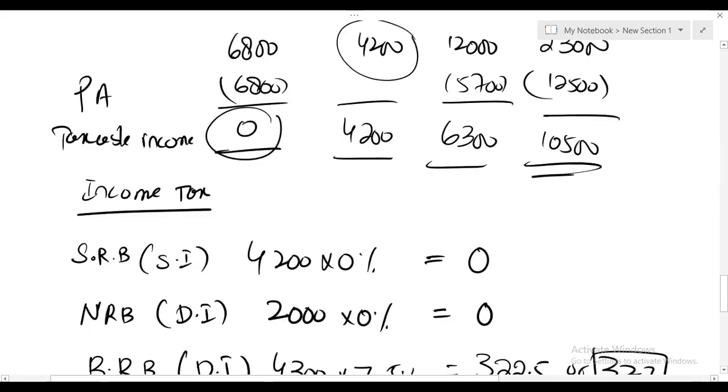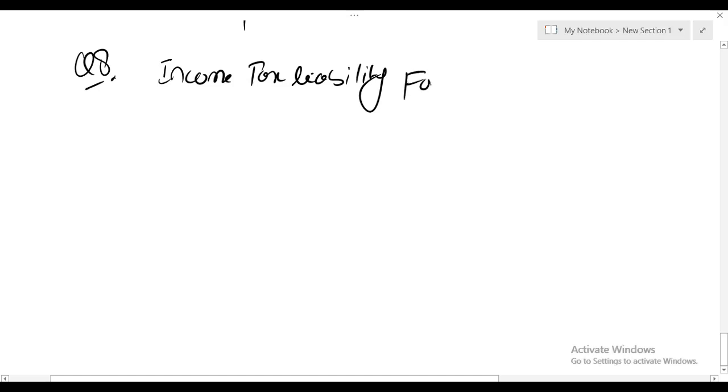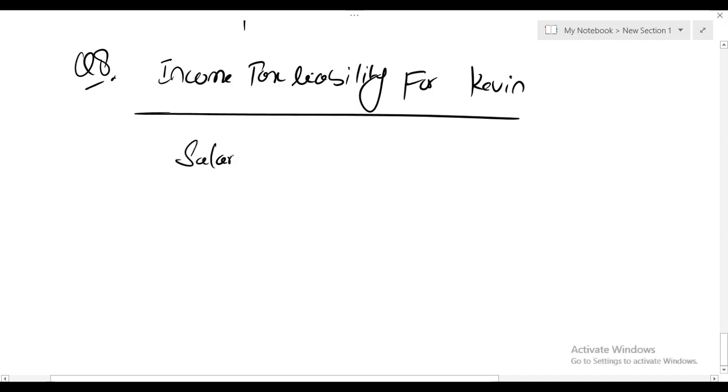Let us see Question 8. Let's calculate income tax liability. Income tax liability for Kevin. Kevin has a salary of 35,000. Just deduct personal allowance 12,500.